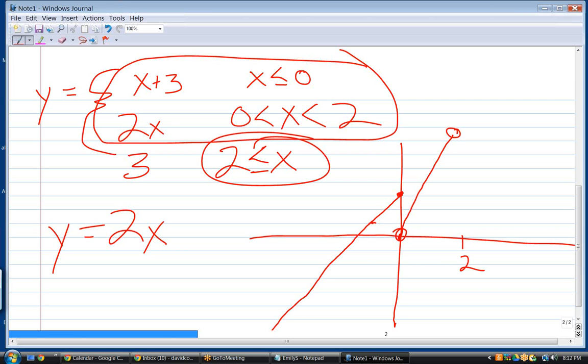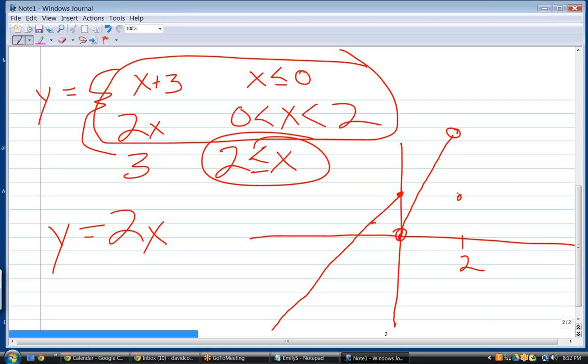You would go at the y-intercept would be 3. Well, there's no y-intercept because we're only talking about x greater than or equal to 2. So I don't have a y-intercept, but y equals 3 is a horizontal line.